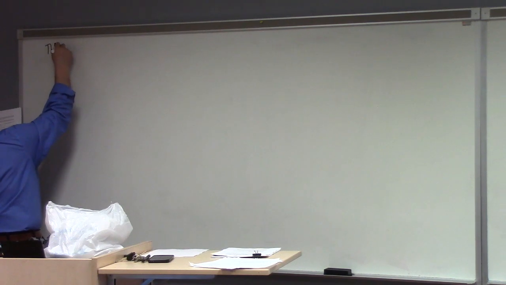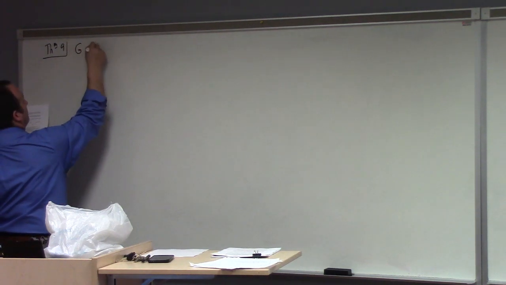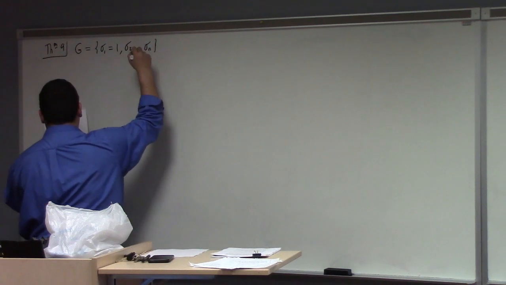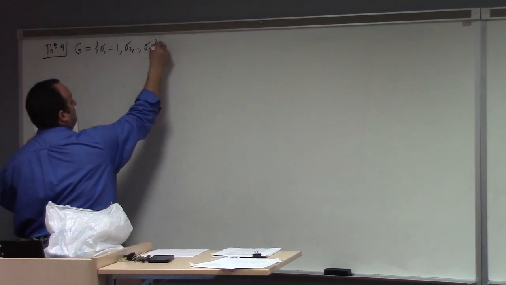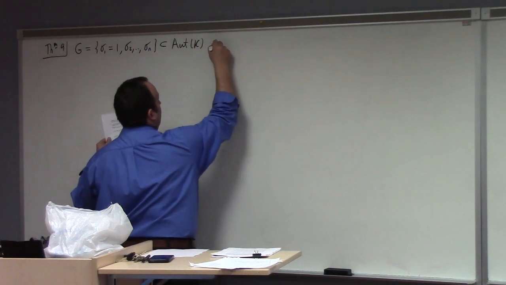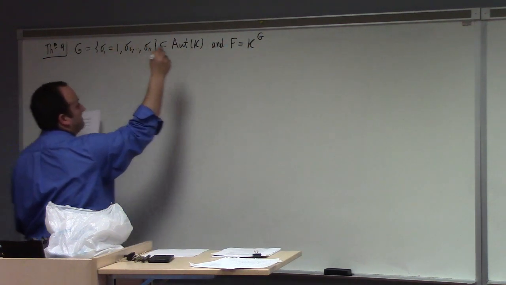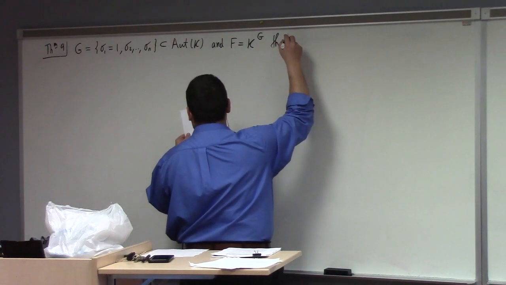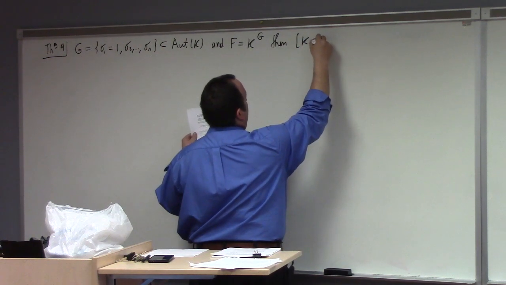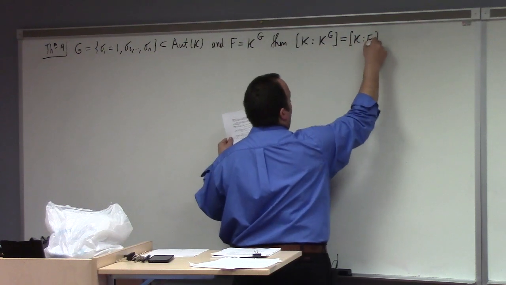Theorem 9 says that if we have a finite subgroup G, sigma 1 is 1, sigma 2, sigma n, a subgroup of the automorphisms on some field K, and let's say F is equal to the fixed field of G, then Theorem 9 says that the degree of K over the fixed field of G is equal to n.